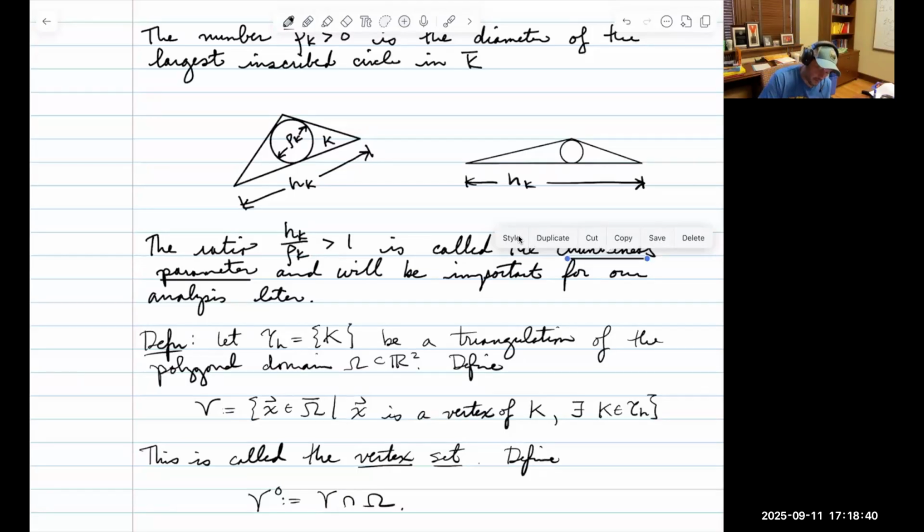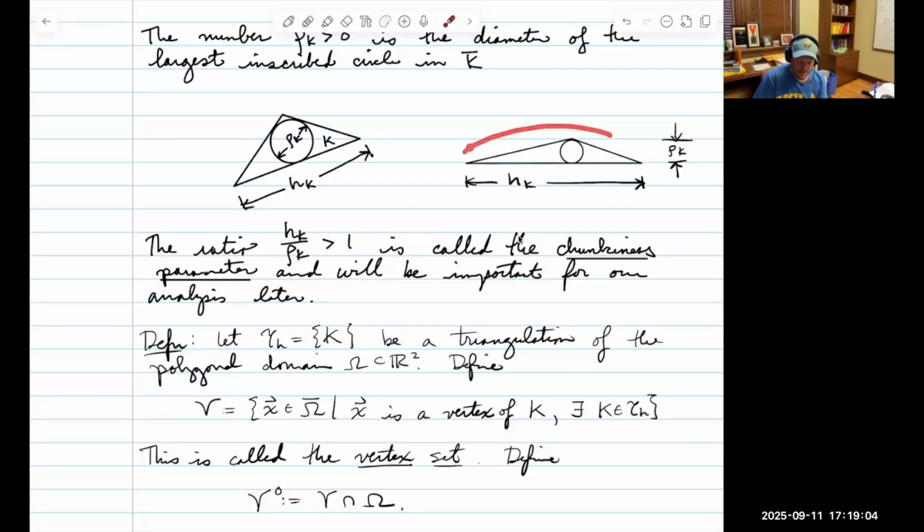It's so small that I can barely fit the rho k in there, but you get the idea. Okay, so rho k looks like it's going to be actually just the distance between those 2 lines. So this ratio in this case is going to be fairly large, right?